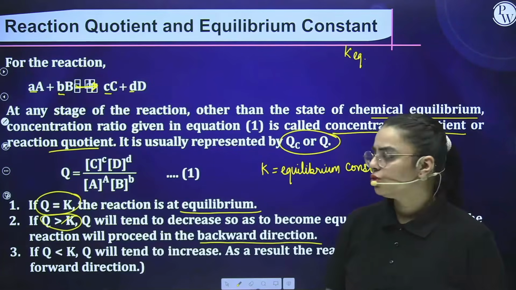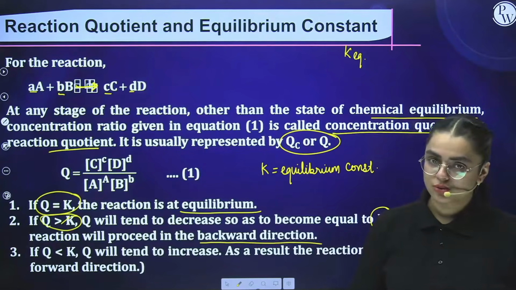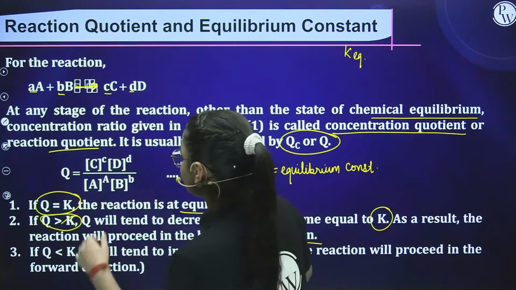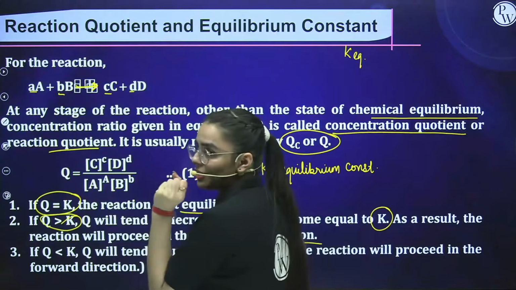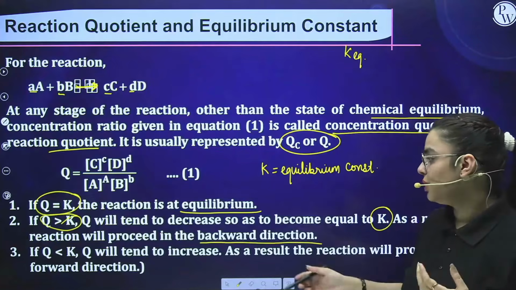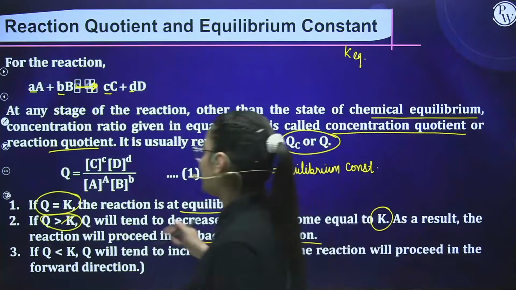You just need to compare the equilibrium constant and the reaction quotient. This was our rate of forward and this was our rate of backward reaction, right? So it is quite simple. When Q is more than K, it is going to be the backward one. When Q is less than K, it is going to be the forward direction.